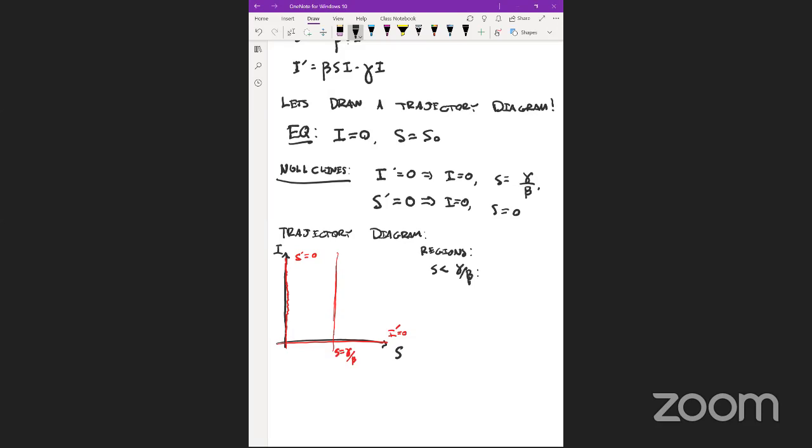What is the behavior when S is less than gamma over beta? Are S prime and I prime going to be greater than or less than 0 when S is less than gamma over beta? Of course, our other region is going to be S being greater than gamma over beta.